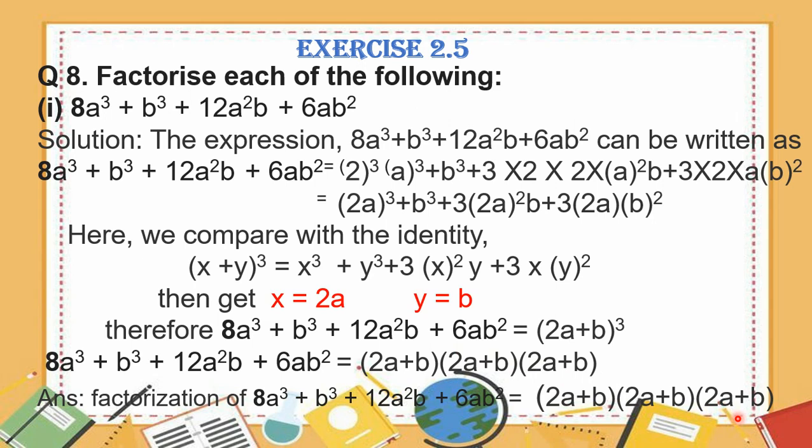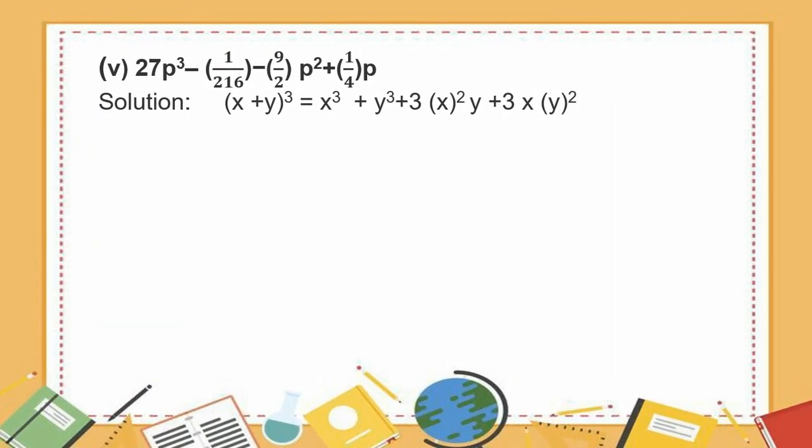Similarly, let's take another problem of the same exercise, question number 8, fifth problem, which says 27p cube minus 1 upon 216 minus 9 upon 2 p square plus 1 upon 4p.